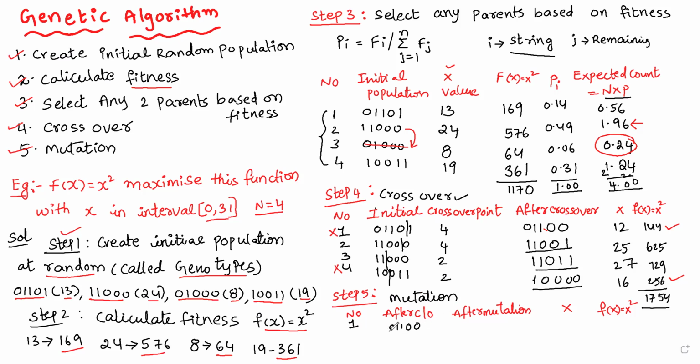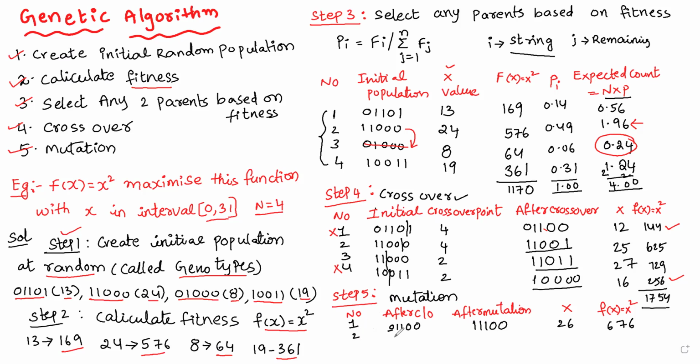So let us change the value of the first one: 0 will become 1, giving 1 1 1 0 0. So what is the x value now? We convert this into decimal. This is 26, and x square is equal to 676.